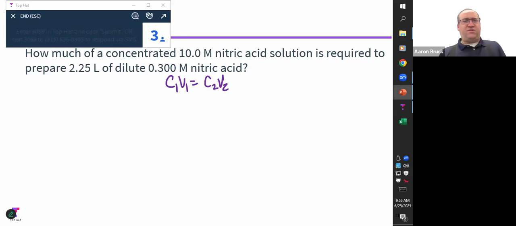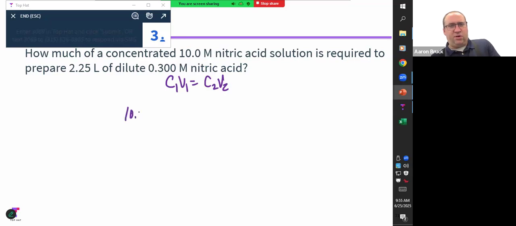All right, so the setup for this should be relatively simple. Our initial concentration is the 10 molar, and we don't know how much we are going to measure. Our final concentration is 0.3 molar, and we know that we need 2.25 liters of that.